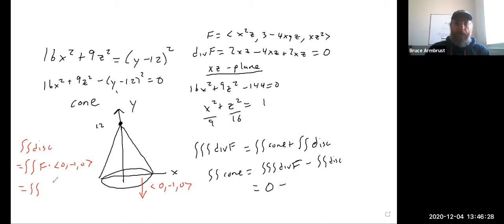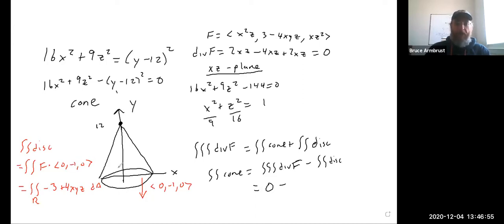Then we're going to get -3 plus 4xyz plus 0. All right, so there's our F dotted with that guy.